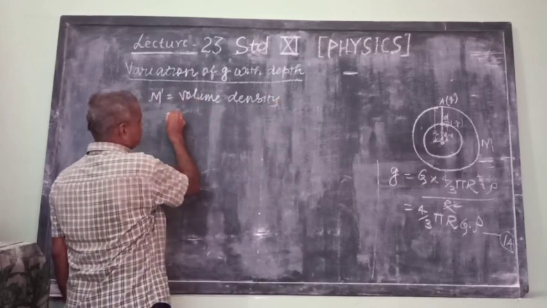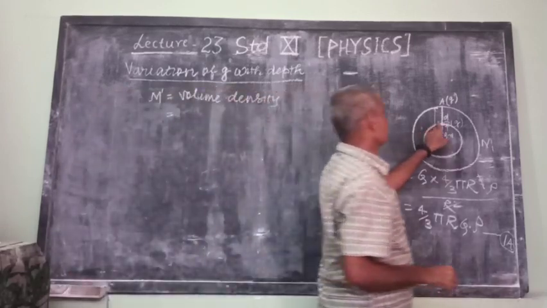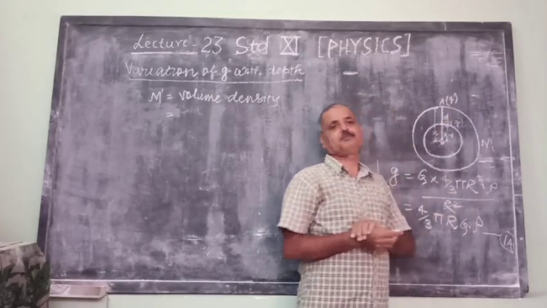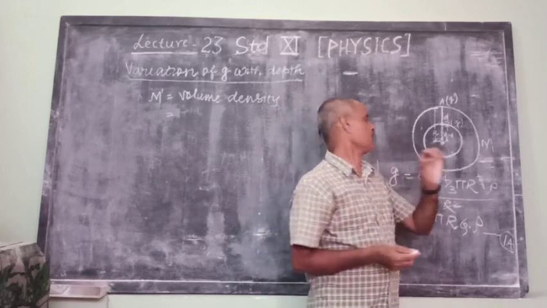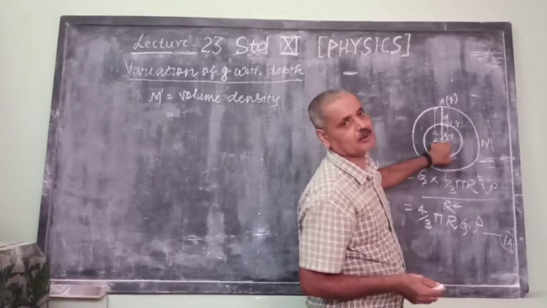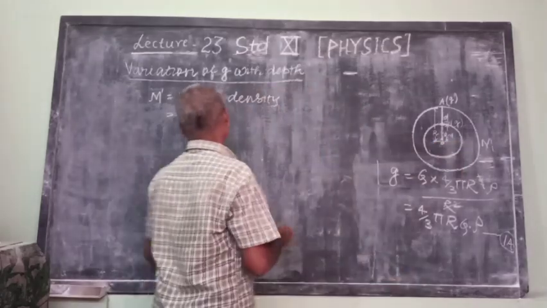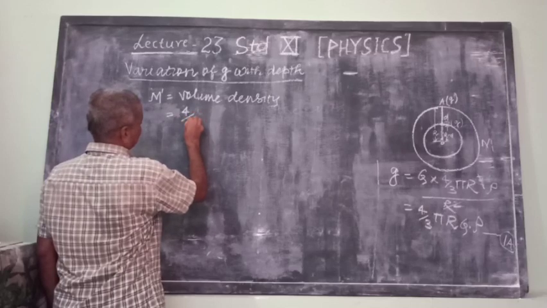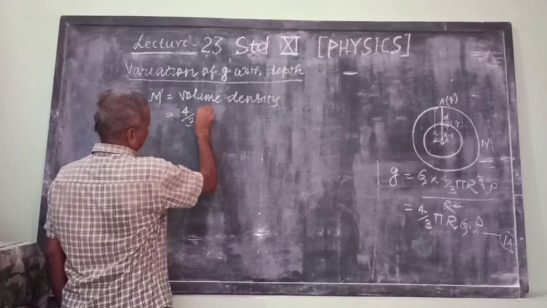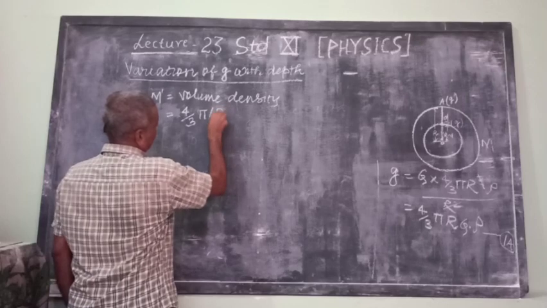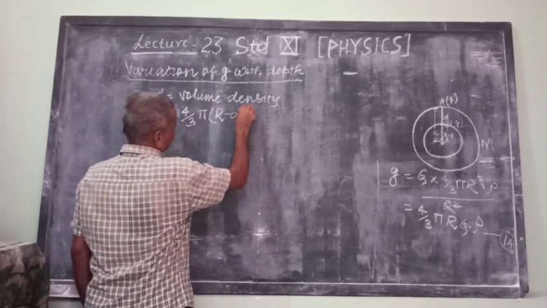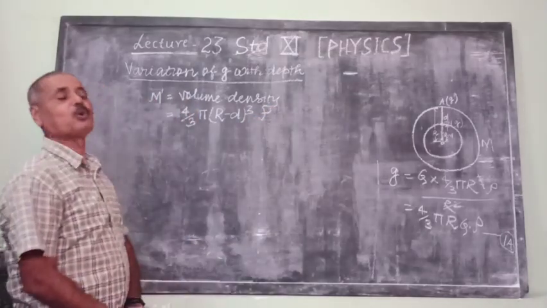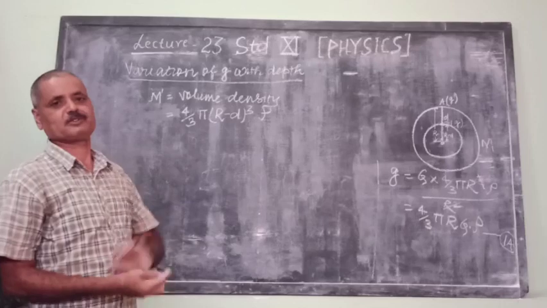So what will be the volume of this one? Volume is equal to 4 by 3 pi r cube. The radius of this portion is R minus d. So we can write the volume of that part, that will be 4 by 3 pi (R minus d) cube, and the mean density is equal to rho. This is the value of M dash.